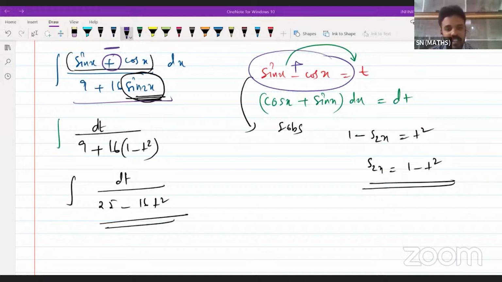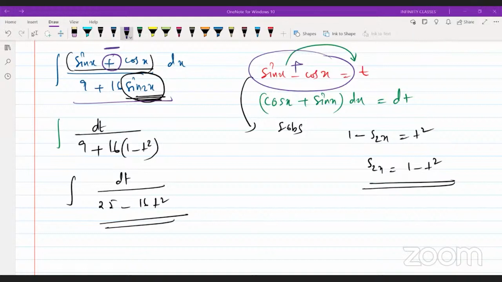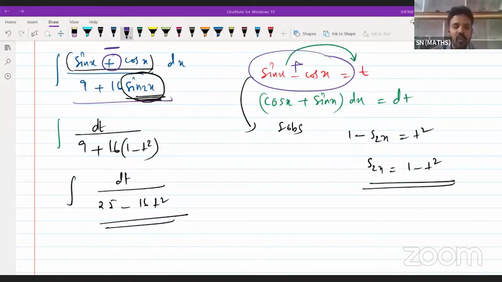This is a question: integral of (a cos x plus b sin x) by (c cos x plus d sin x). Of course, this question is very important for IP, 7 marks. Very lengthy. Numerator is equal to a into d by dx of denominator plus b into denominator. If you do the process, it will take one full page.